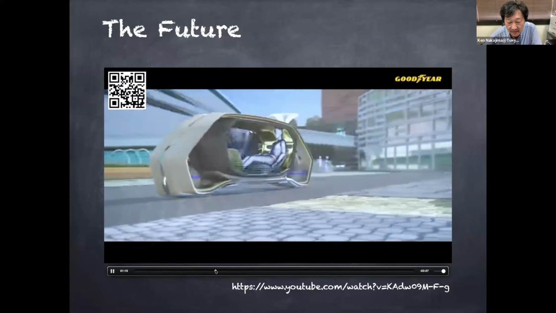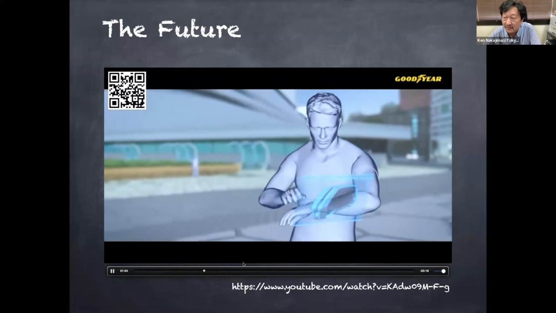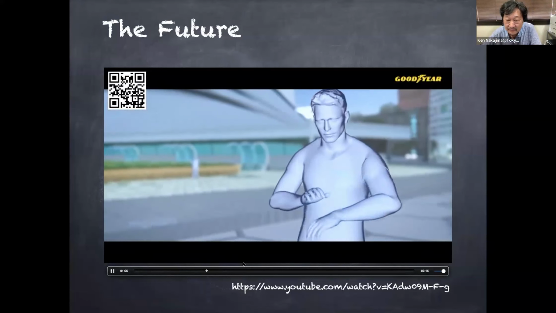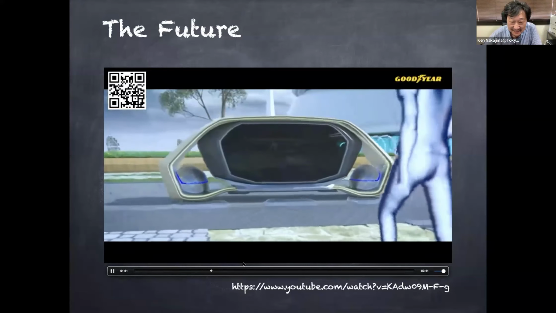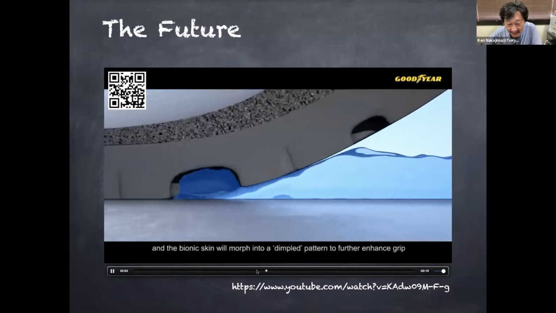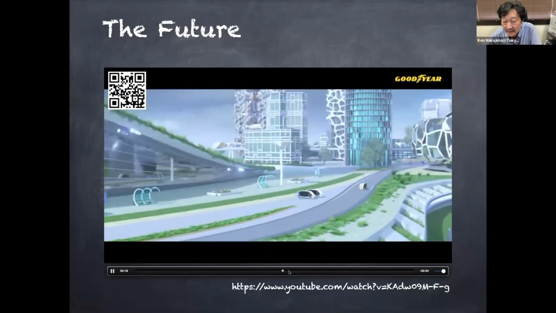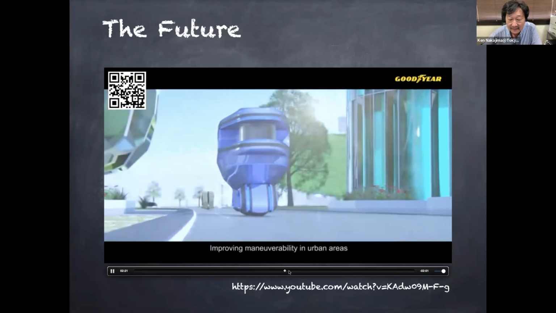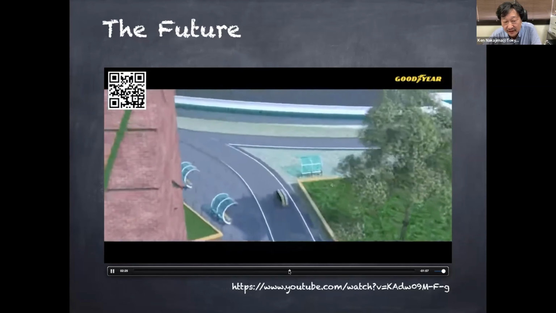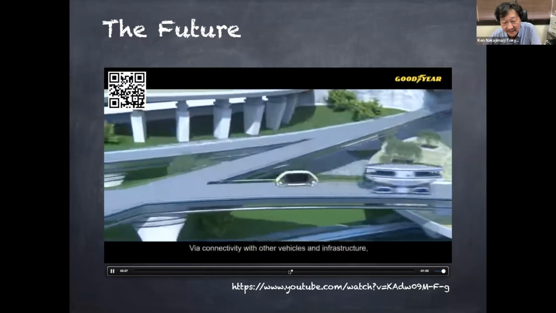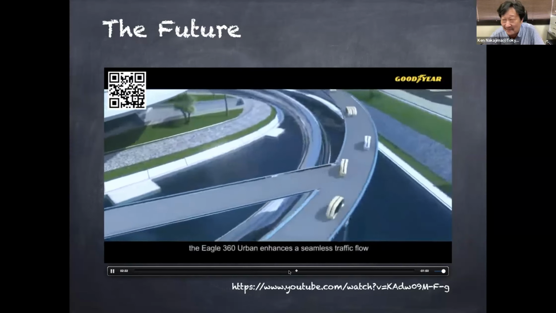So for example, maybe this type of movement can also become possible. And also, maybe interestingly, have a look. Look, here. This type of driving also becomes possible.